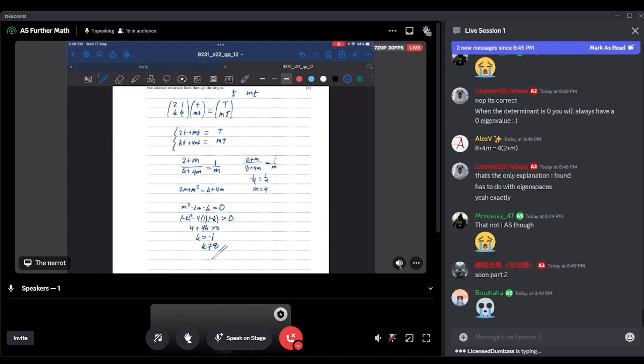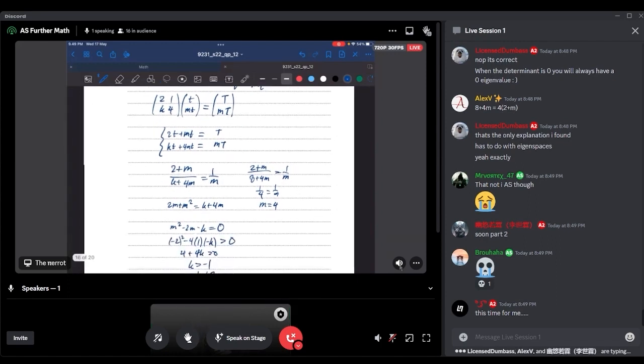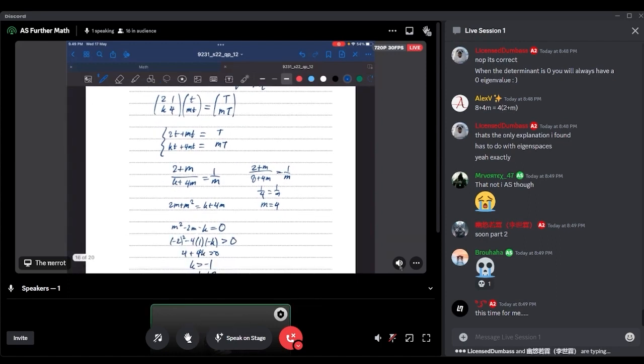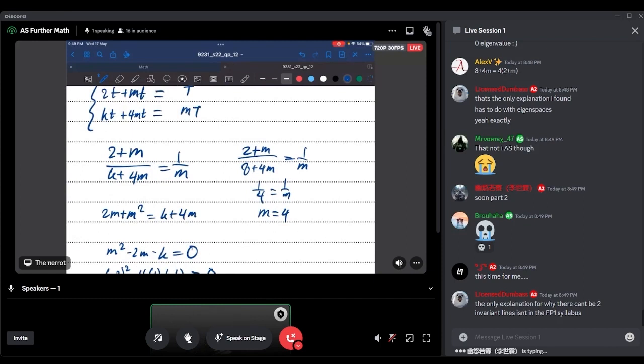So what's the reason? Is there a better way to explain this? If you do it here, m is only one value. I don't know.